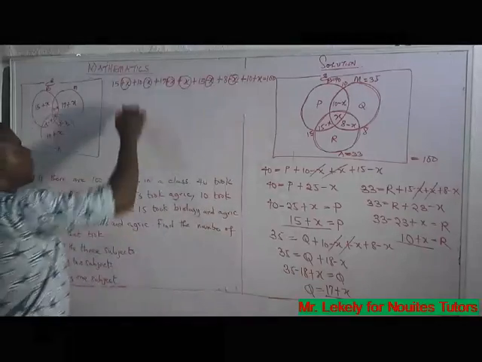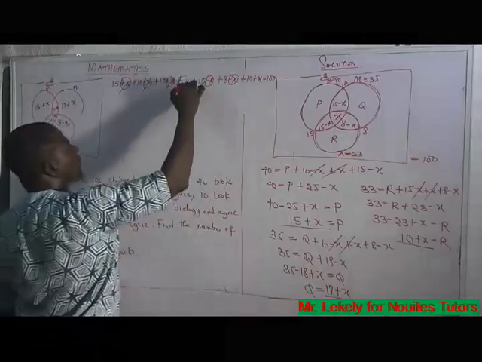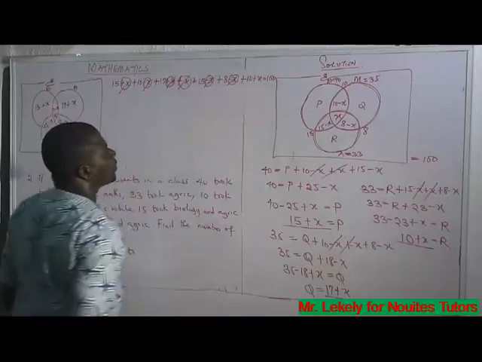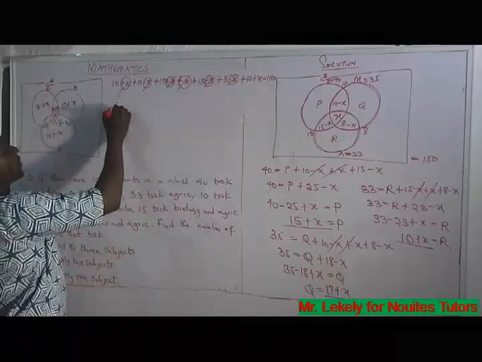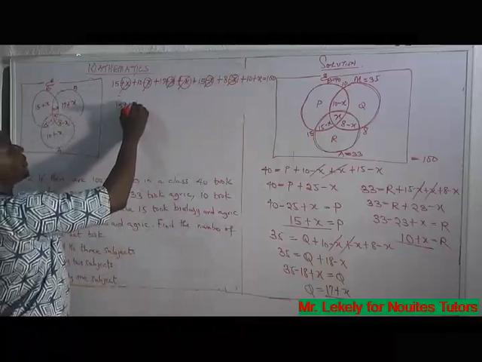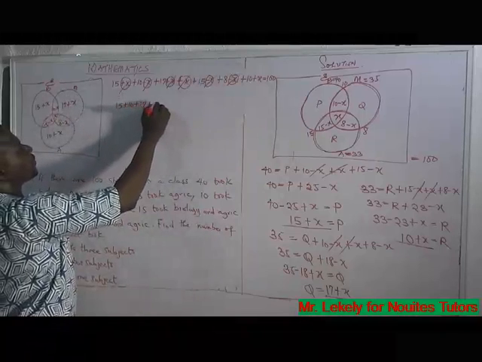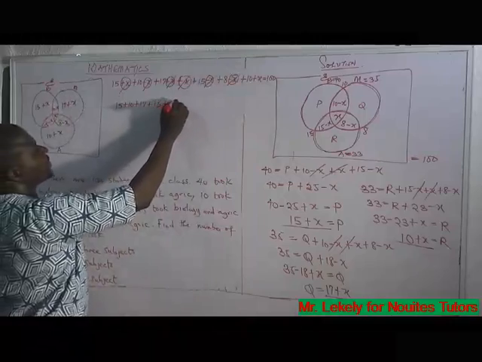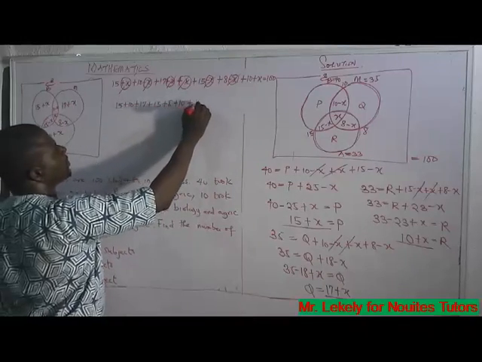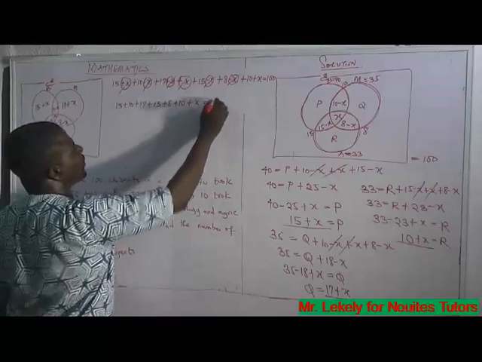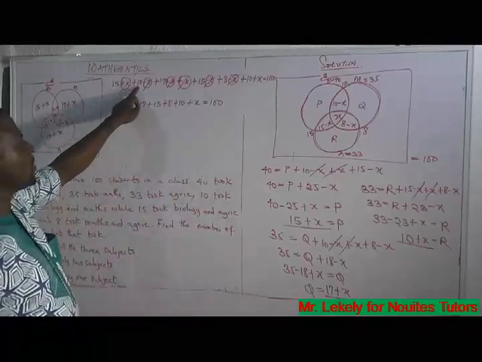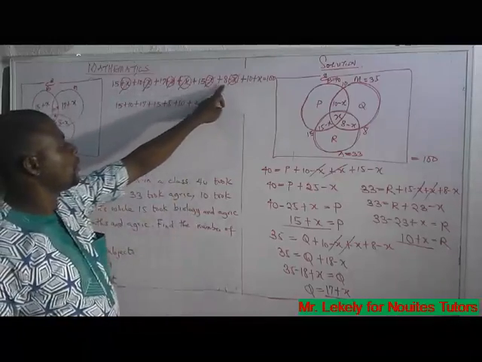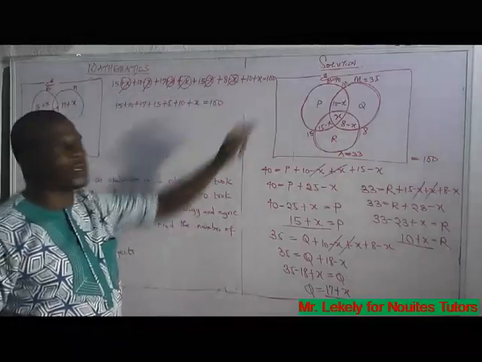I circle them out. So they are out like that. So what are you left with? 15 plus 10 plus 17 plus 15 plus 8 plus 10 plus X equals 100.